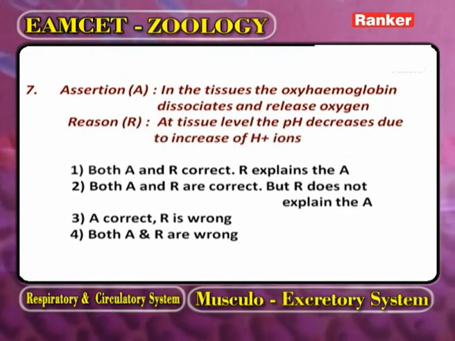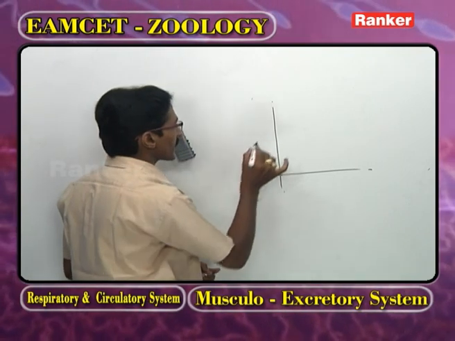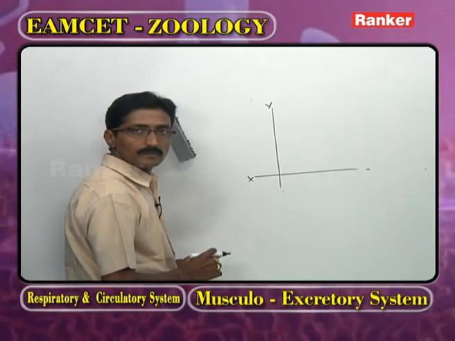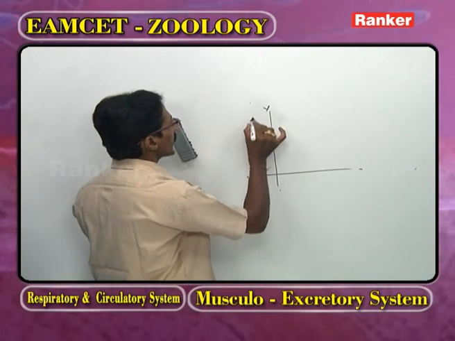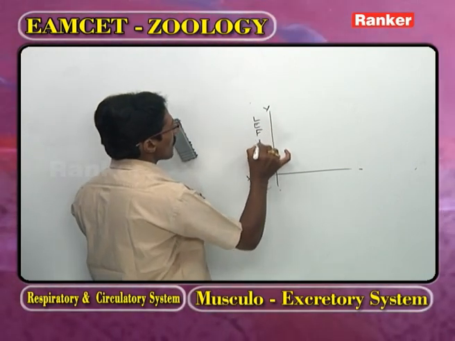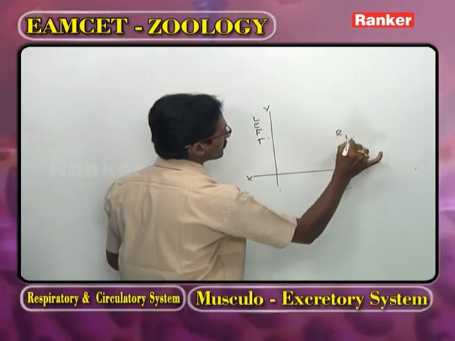Now, as we observe the graph, this one we call the x-axis and y-axis. This is the left side of the graph and this is the right side of the graph.